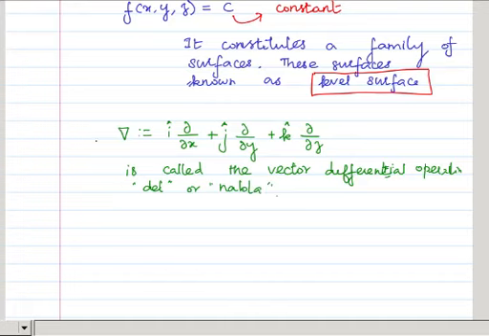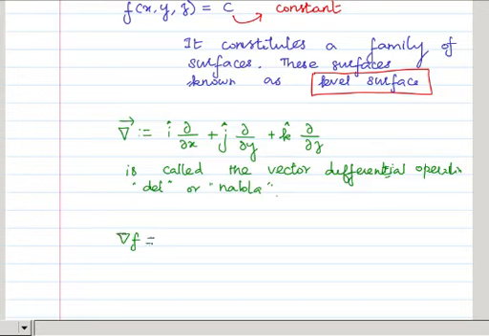Since it is a vector quantity, some people put a vector sign, others ignore it; both are the same.